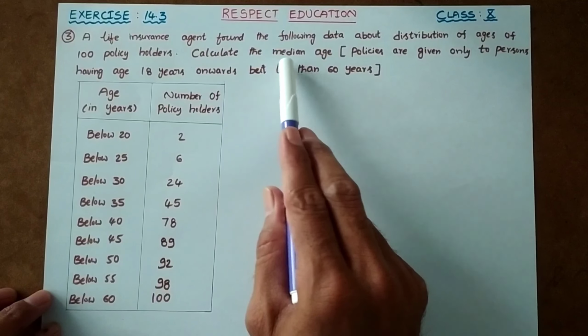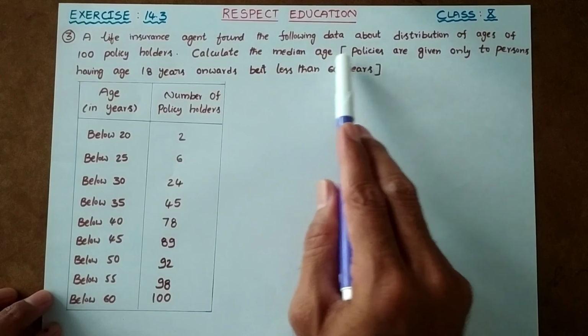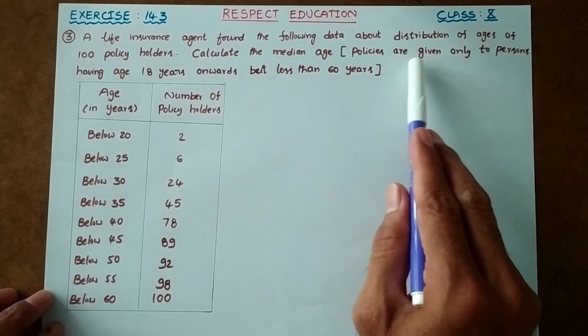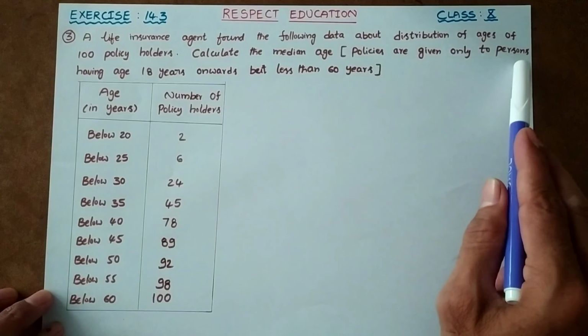Calculate the median age. Here extra data is given, that is, policies are given only to persons having age 18 years onwards but less than 60 years.